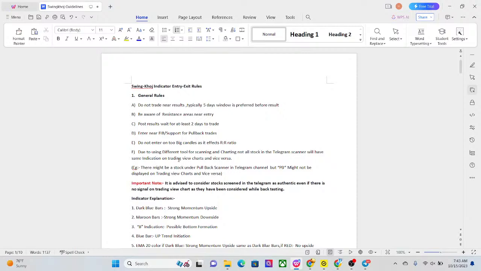Due to using different tools for scanning and charting, not all stocks in the Telegram scanner will have the same indication on the TradingView chart and vice versa. We are using charting for scanning stocks, and we are using the Telegram channel to send those scanning results so that they are available to everyone.